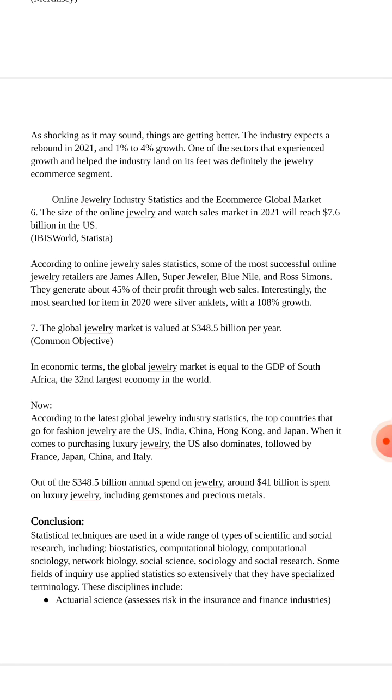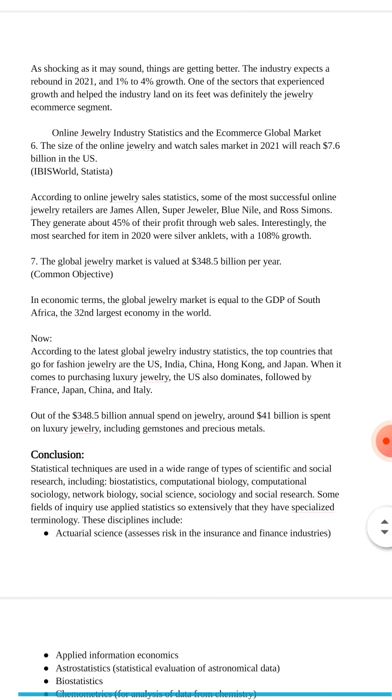When it comes to purchasing luxury jewelry, the US also dominates, followed by France, Japan, China, and Italy. Out of $348.5 billion annual spend on jewelry, about $41 billion is spent on luxury jewelry, including gemstones and precious metals.